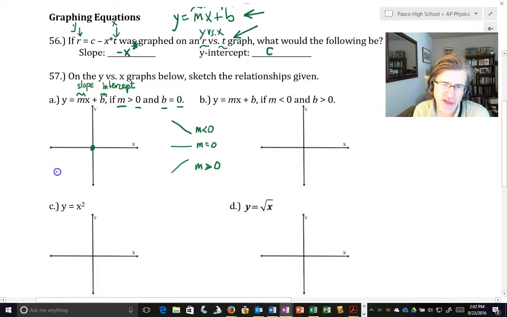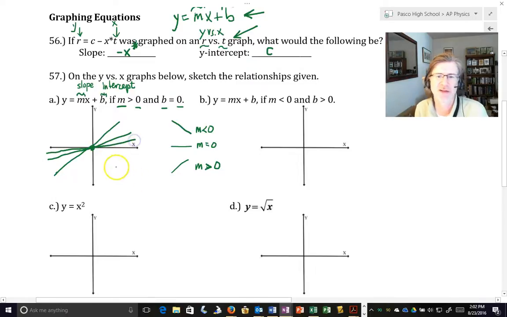So I can draw a line here. That's a solution. I can draw another line that's greater than 0 that goes through the origin like that. I can even draw a line that's oh so close to being flat but still has some slight positive slope. Those are all lines that go through the point y equals 0. And those are all lines that have positive slope. So this is what we get for A.